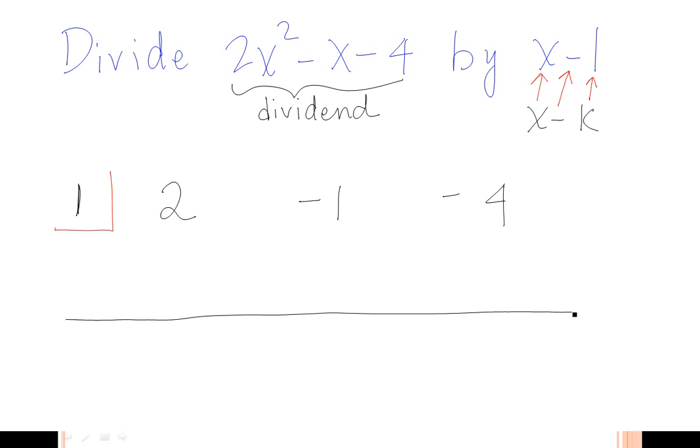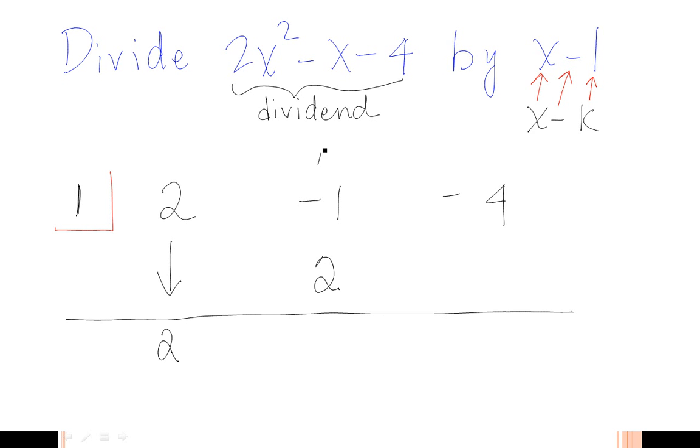Draw a line. Always bring down the first number. 2. Then we're going to start multiplying the number below the line times the number in the box. So 2 times 1 is 2. We put it under the next number.